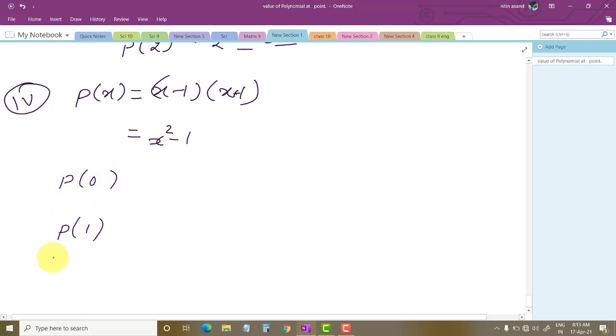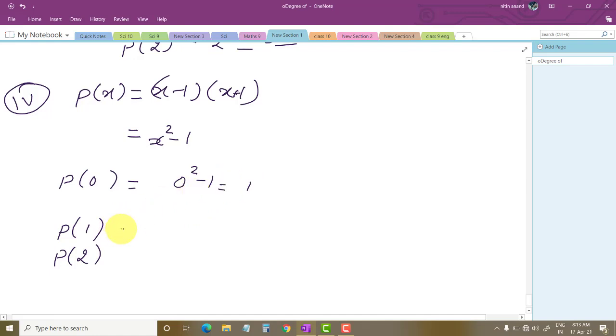See, this is P(0). P(0) means we will write 0 square minus 1, that means minus 1.